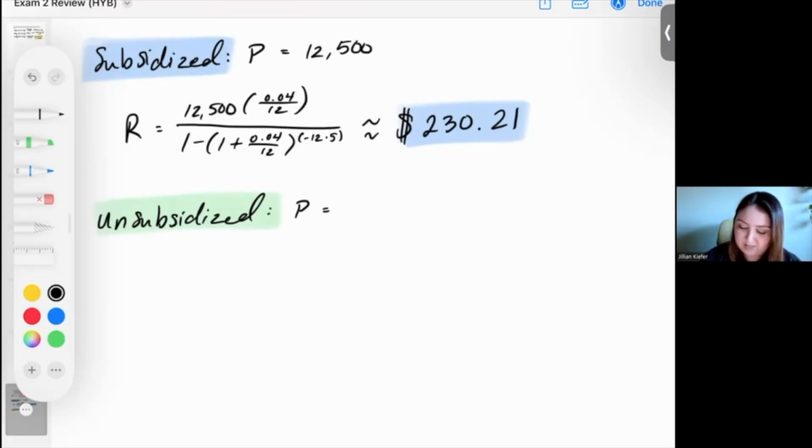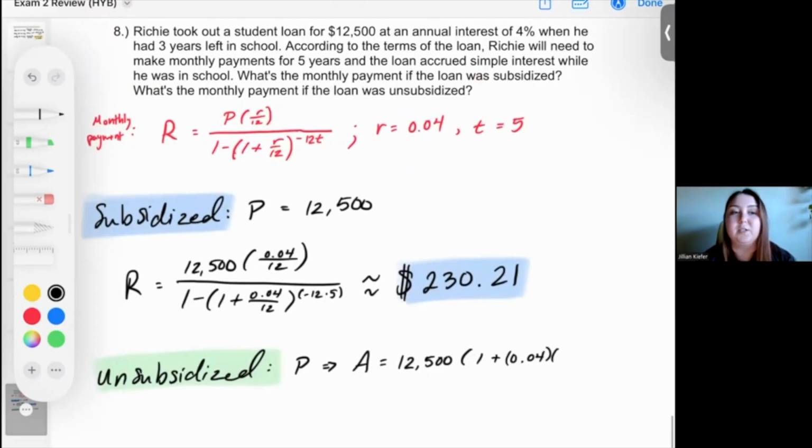For this case, we can use the formula for simple interest, the amount after a period of time. So this amount would be equal to our original 12,500 times 1 plus our rate of 0.04, or 4%, times the number of years that he was still in school, which we said was 3 years. It took Richie 3 years to graduate from school.